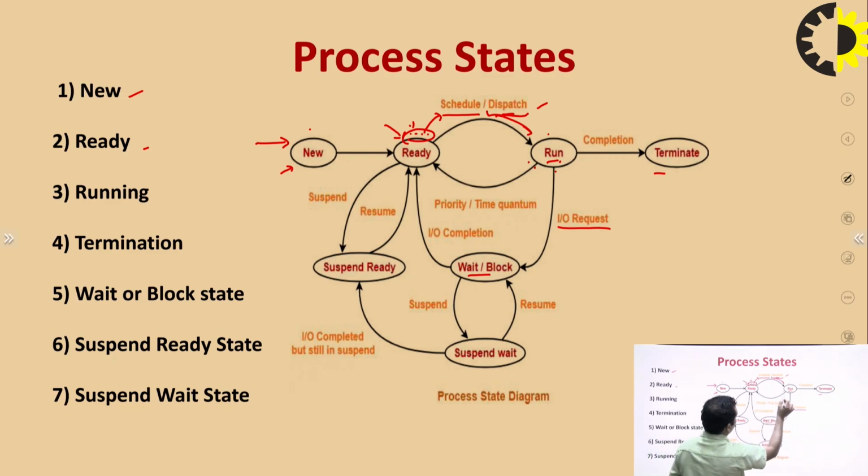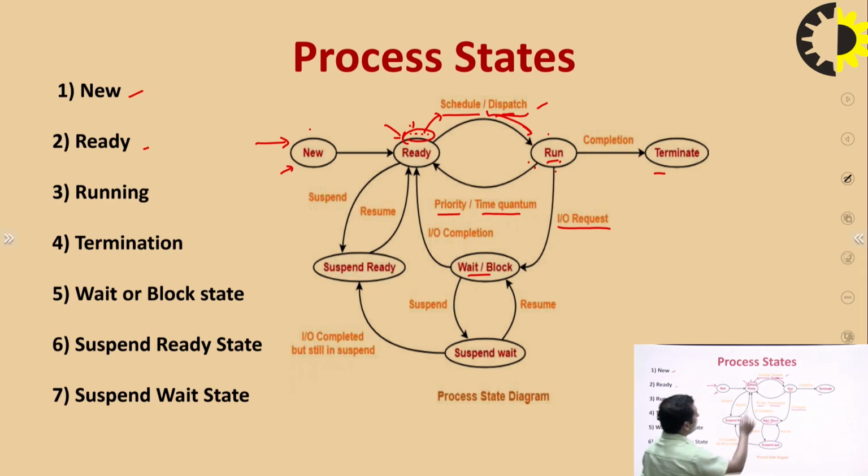Another reason to stop the process is that some priority process comes or the time quantum expires, as we discussed in the previous lecture. Time quantum is used in time sharing systems. So maybe there is no need to go for input output, it just goes into the ready queue directly from the running state to the ready state.